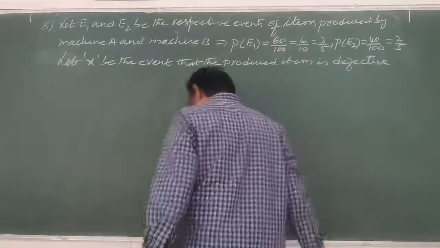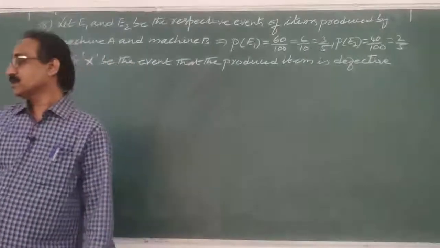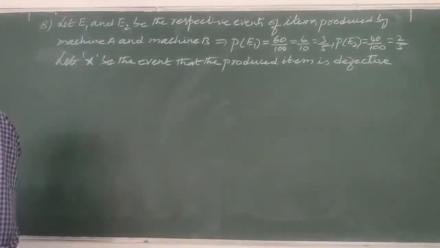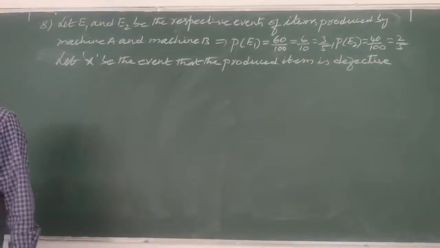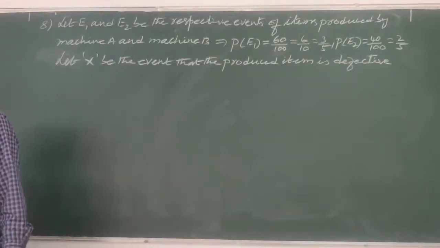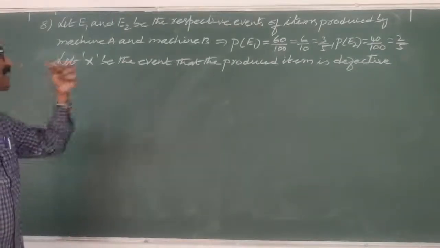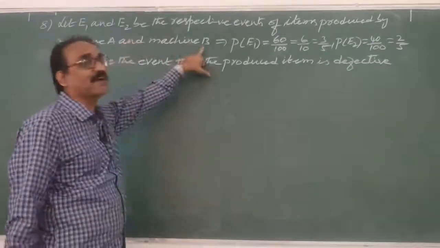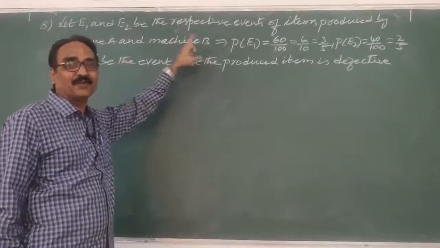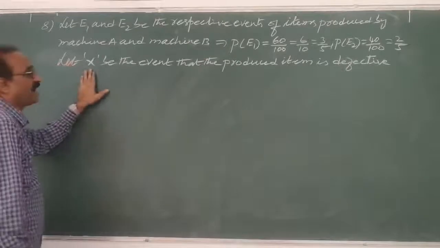That's X. Sir, every time you are saying A, now why are you changing it to X? Because machine A and machine B are already used, here A and B are used. That's why I don't want to use A, you will get confused. That's why in place of A, I took X.